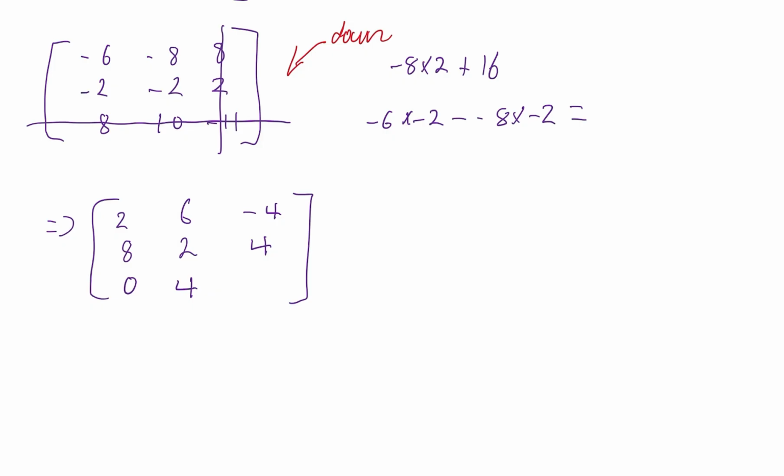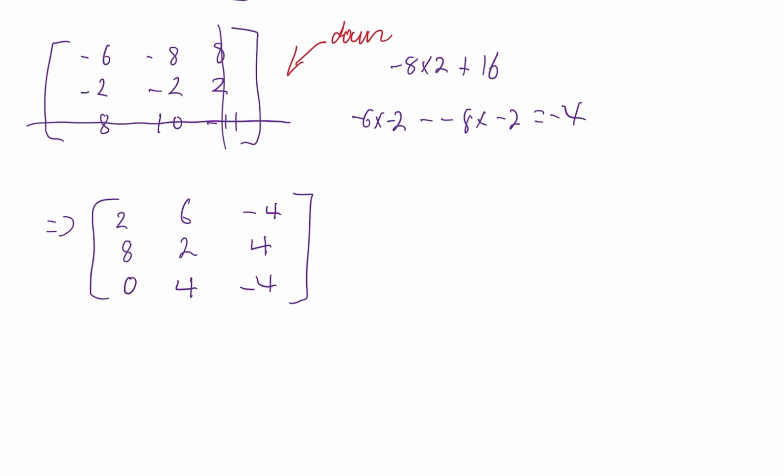And then this last entry, I'm so sorry, that's wrong. This line has to be here for that entry, which is still 4. Then we move it across for the final entry, which will become minus 4, because minus 6 times minus 2 minus 8 times minus 2 is equal to minus 4.